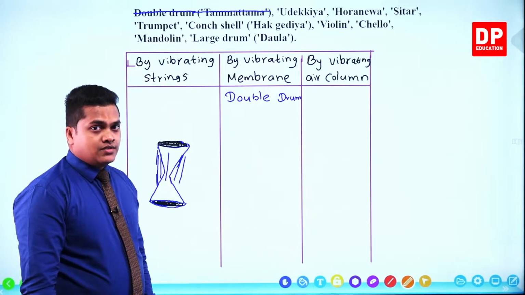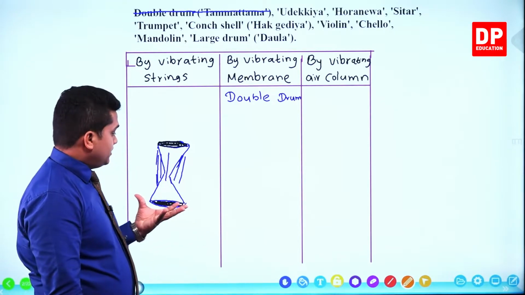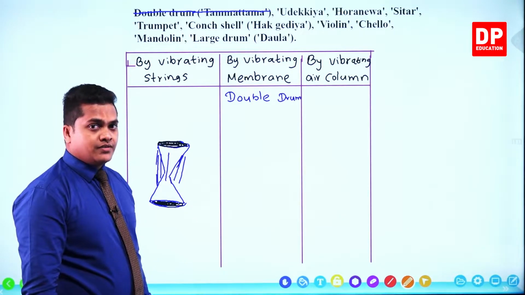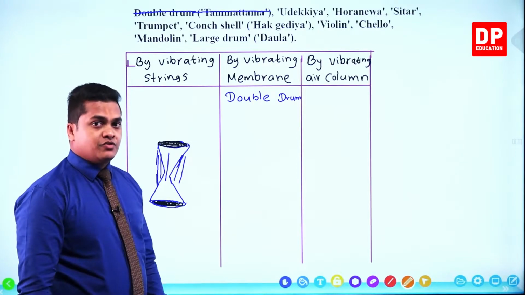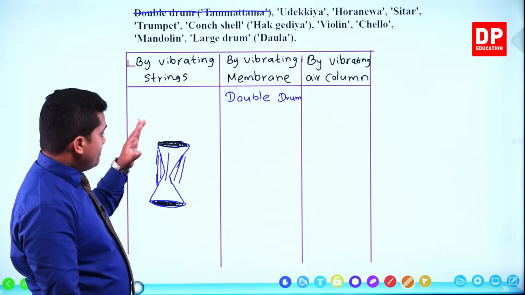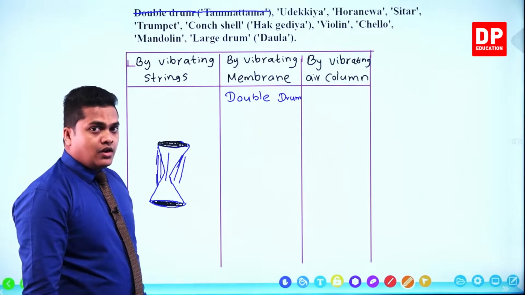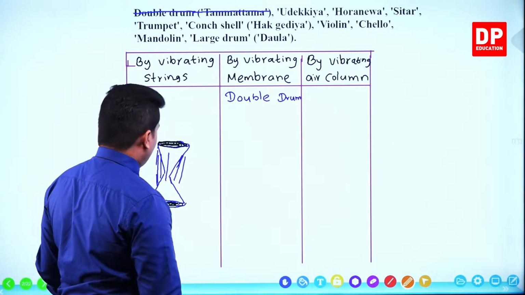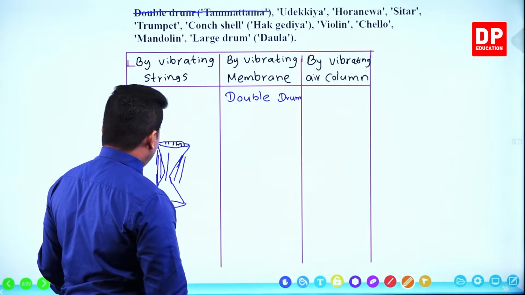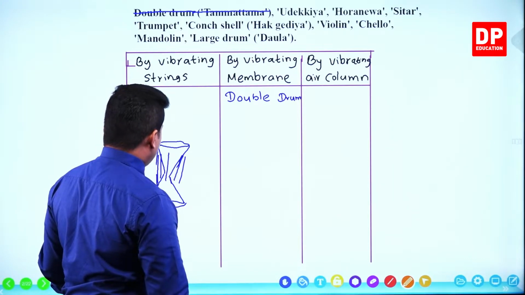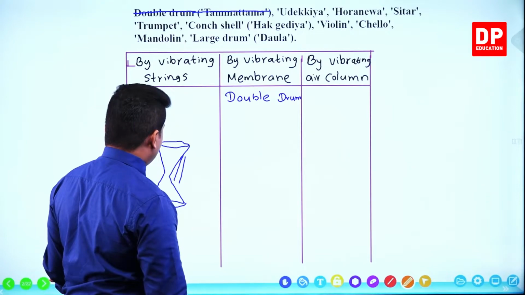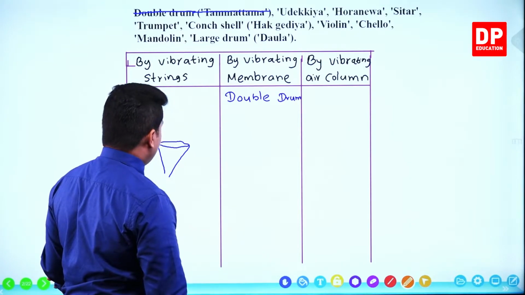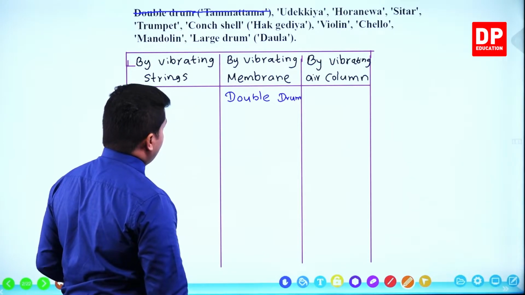Right. So udakkiya is like this kind of an instrument. So here also we produce sound by tapping on the membrane of the udakkiya. Udakkiya is a musical instrument which produces sound by the vibration of membrane.